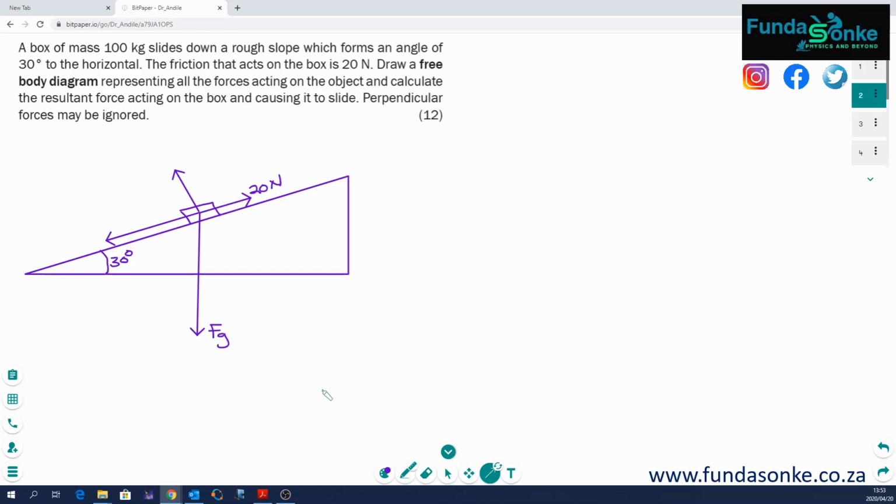Then the next step is to resolve the vertical and horizontal components associated to the weight or the force due to gravity, such that you're going to have a component which acts perpendicular to the surface, and this component will be equal to the normal force. Then we'll have another component which acts parallel to the surface downwards along the slope.